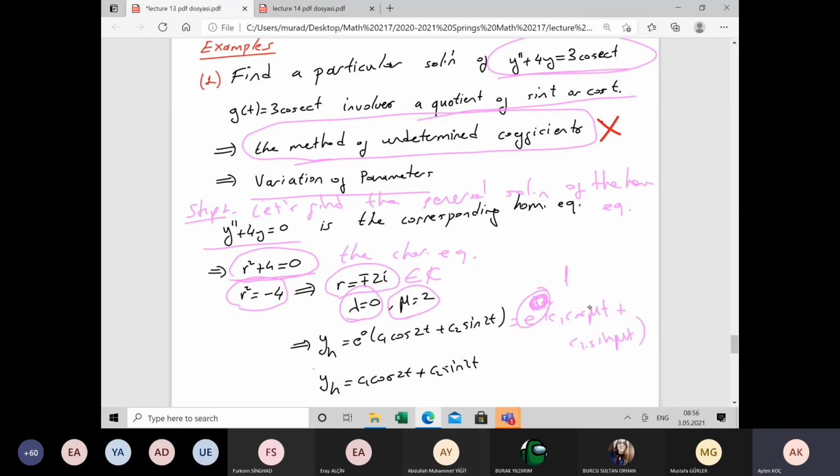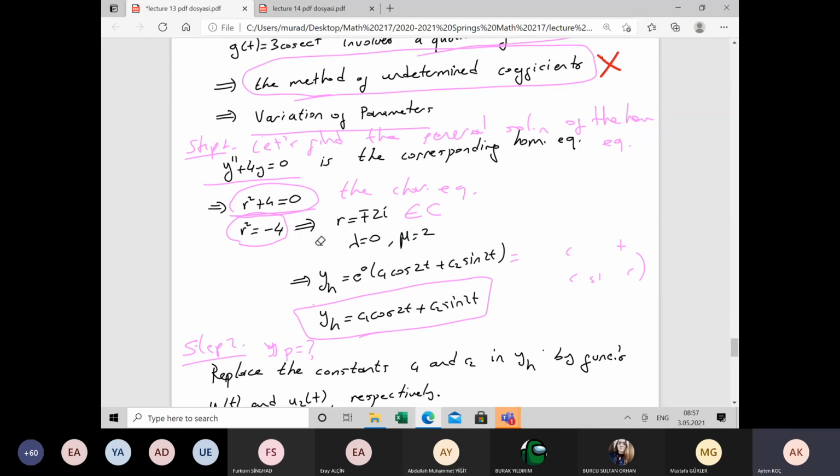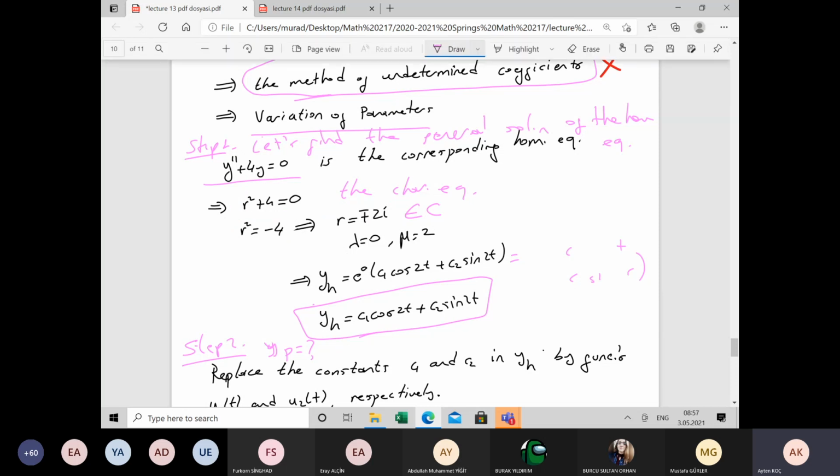The next step, step 2, find the particular solution of the non-homogeneous equation. Sorry, this one is a complex number.